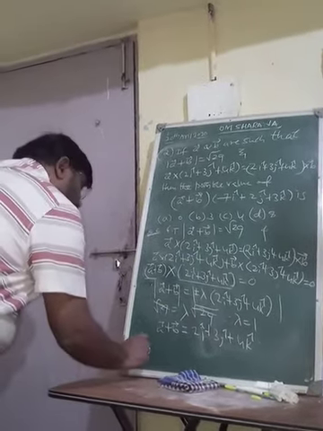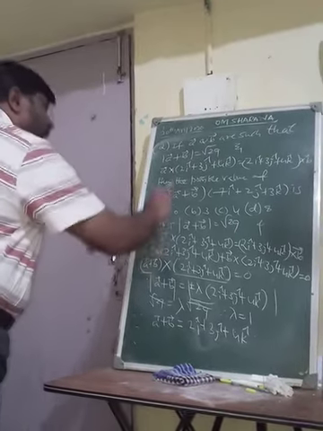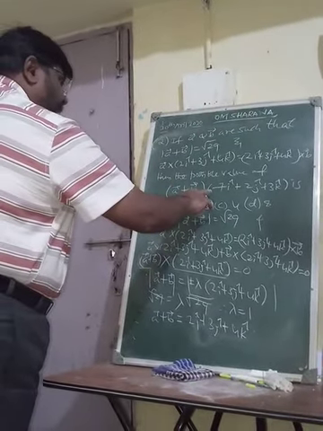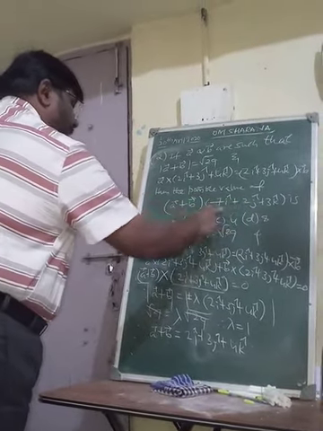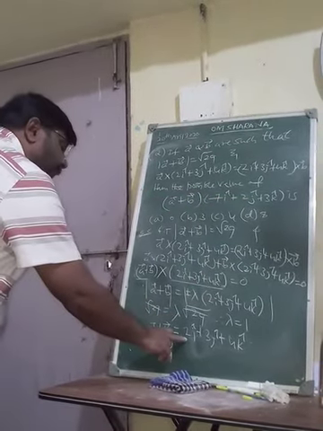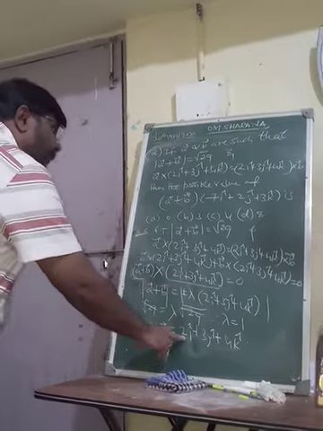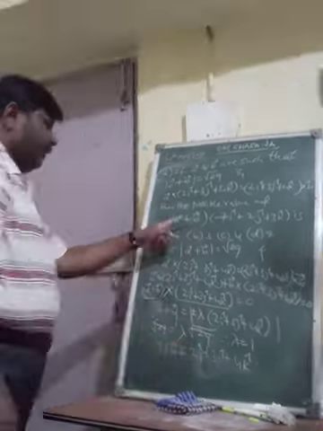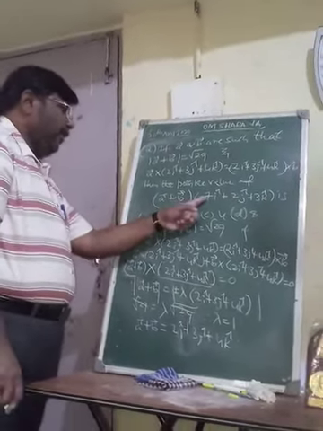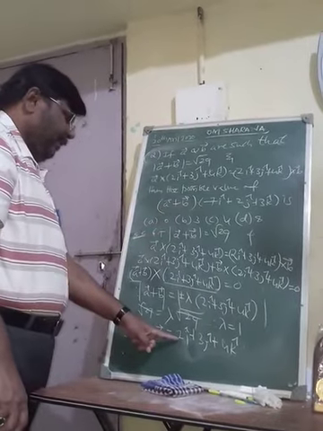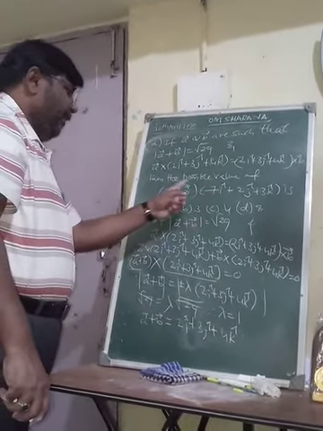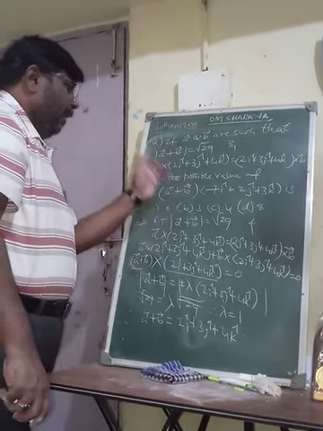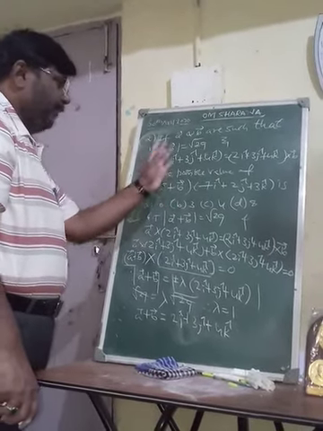Therefore, our required one is A plus B dot minus 7i plus 2j plus 3k. A plus B is 2i plus 3j plus 4k. We would like to find this dot product. For two vectors, A dot B equals A1 B1 plus A2 B2 plus A3 B3.